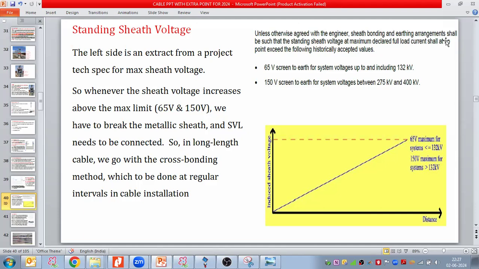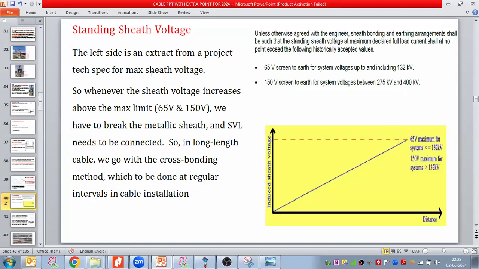Sheath bonding and earthing arrangement shall be such that standing sheath voltage at maximum declared full load current, because my voltage is induced based on the current, shall at no point exceed the following historically accepted values. 65 volts screen to earth for system voltage up to and including 132 kV, and 150 volts screen to earth for system voltage between 275 kV and 400 kV.